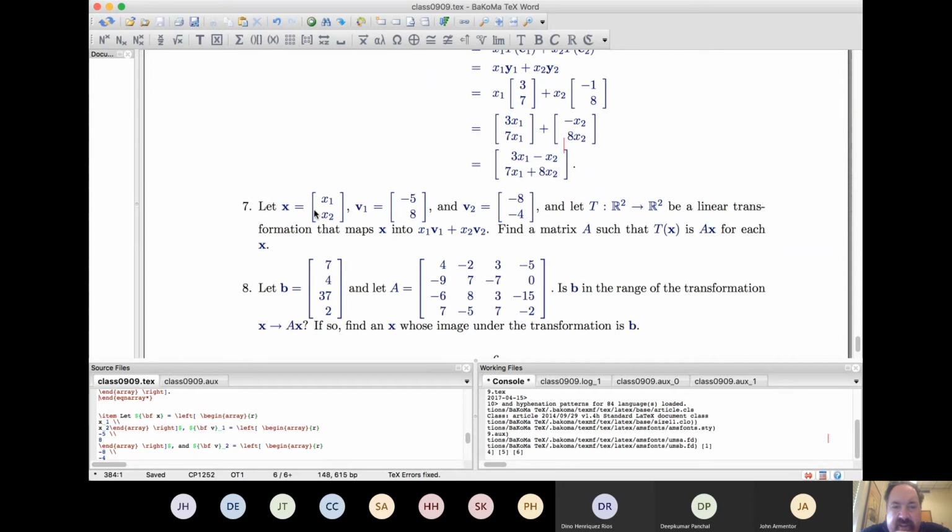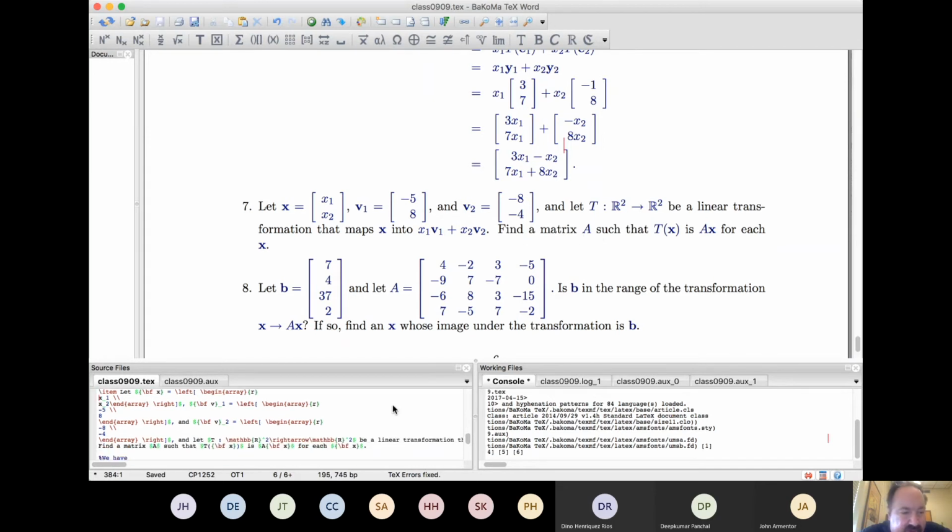All right. Now, in this next one, we have a description of a linear transformation, that whatever x comes in, it's mapped to this vector. So x1 times v1 plus x2 times v2. So we want to describe this using a matrix.